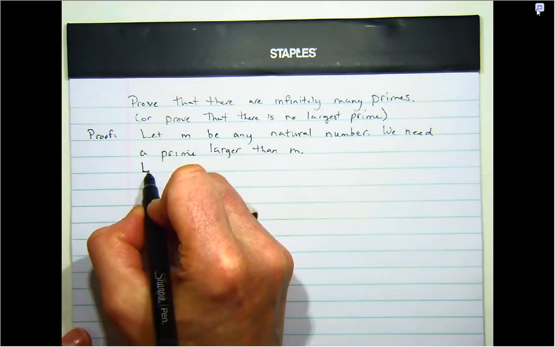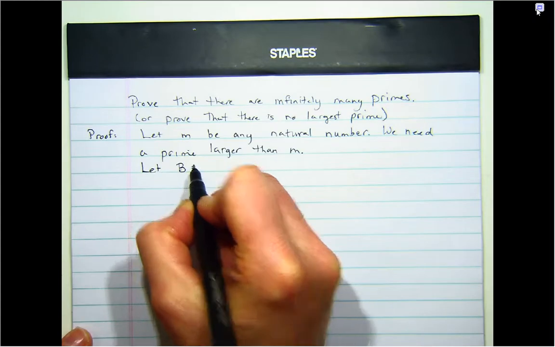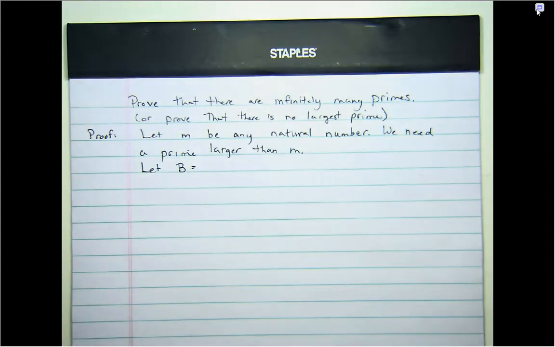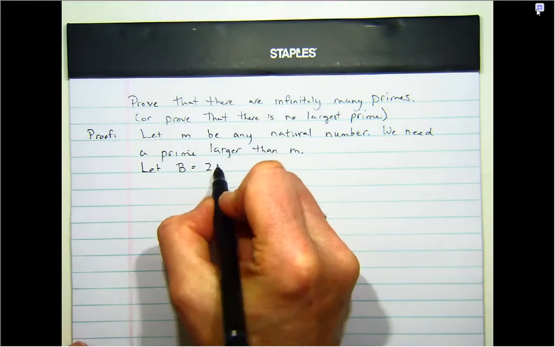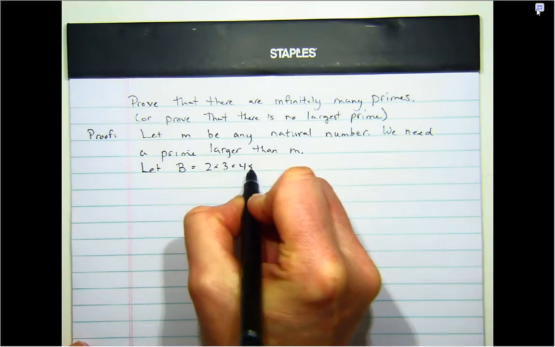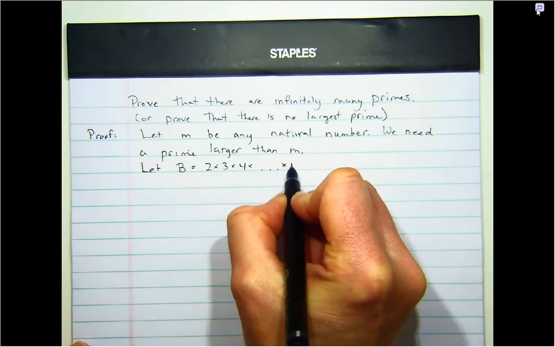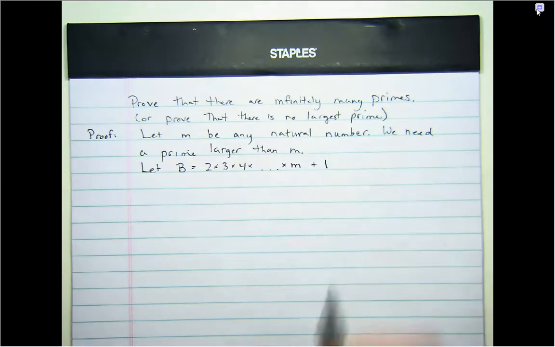So let's make B for big, right? Let's make the big number that we've been making. Let B equal 2 times 3 times 4 times ... times M, plus 1.